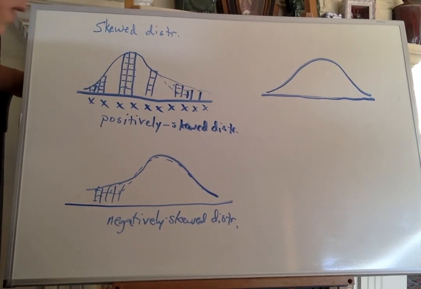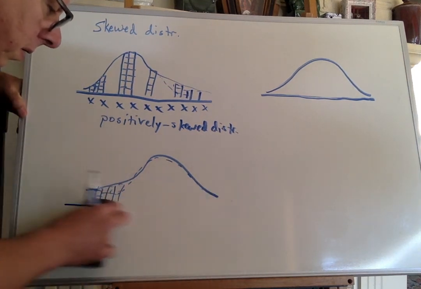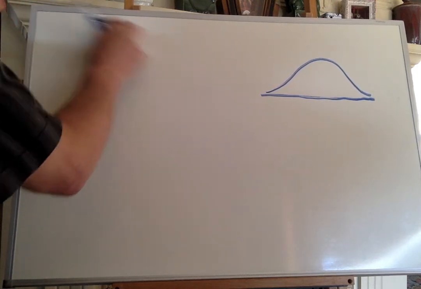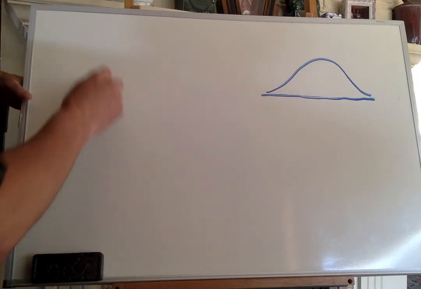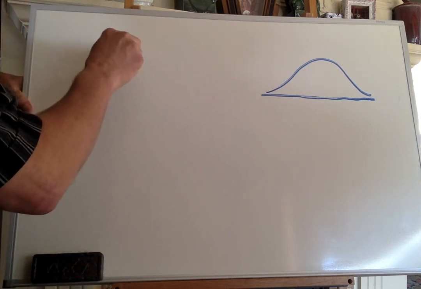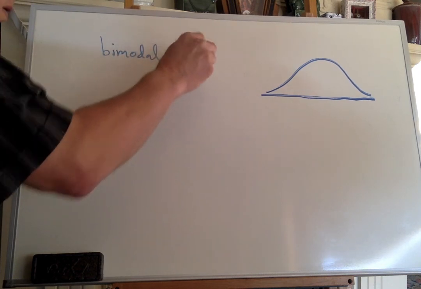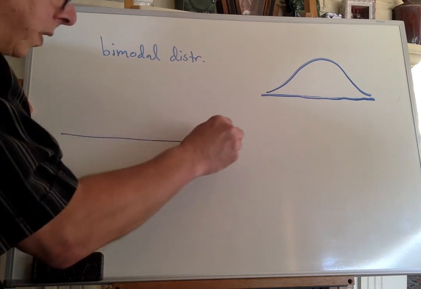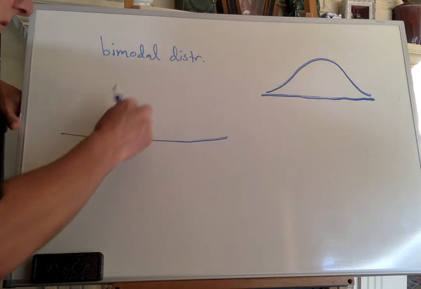Another kind of distribution that is not uncommon. Certainly it's not as common as a normal curve, but another distribution is called a bimodal distribution. And what we have in a bimodal distribution is what? Two modes, okay?